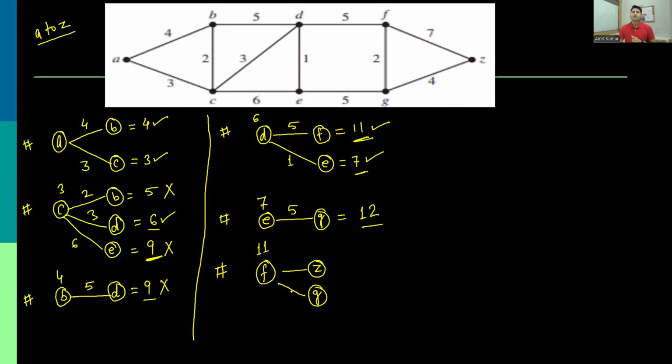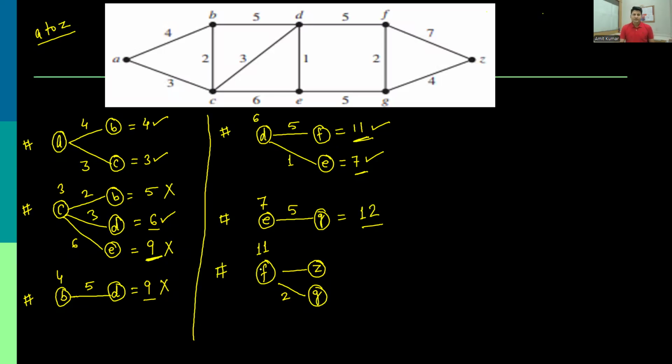So we'll see the weight given for F to G. It is given as 2 units, and the other is given as 7 units.